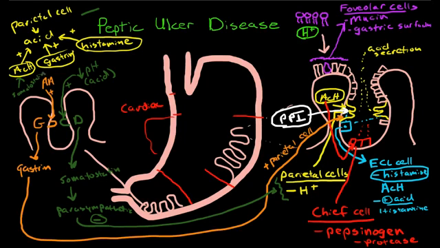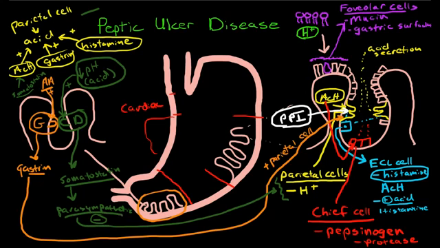So the regulation of acid production really occurs in the antrum of the stomach because of the G cells that are stimulated by protein to produce gastrin, which stimulates the parietal cells, and the delta cells, which provide a negative feedback for high acid levels by producing somatostatin, which suppresses the parasympathetic nervous system to decrease acid production.